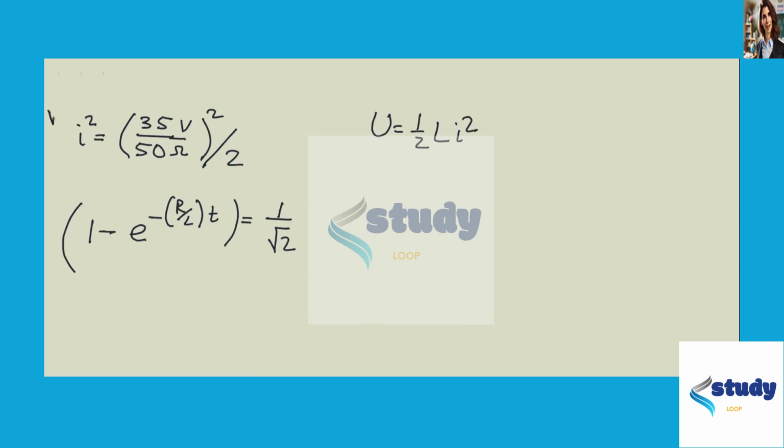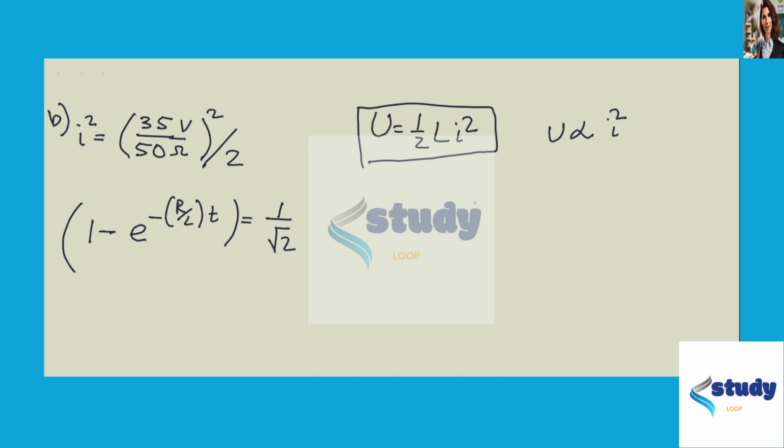For part B, we'll be using this following relation of energy and current. Since the inductance is constant, we see that the energy has a square of current relationship. So energy U is proportional to I squared. Since the final energy is half of the maximum energy, in terms of I, we can write I squared equal to the initial current squared divided by 2.